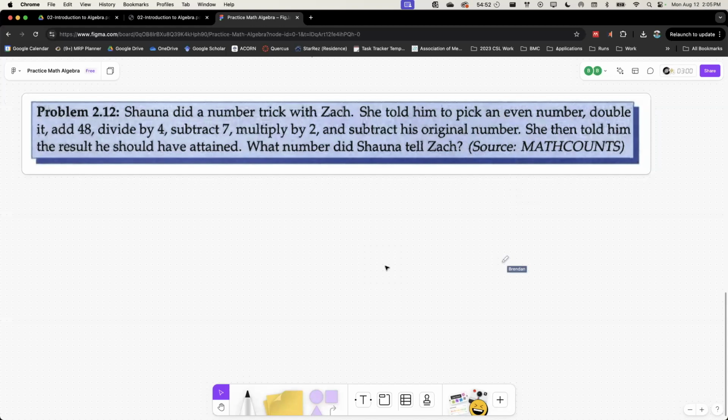Okay, so let's start by, first off, we don't know the number, so we can assign that number to be x. So let's say x equals Zach's even number.